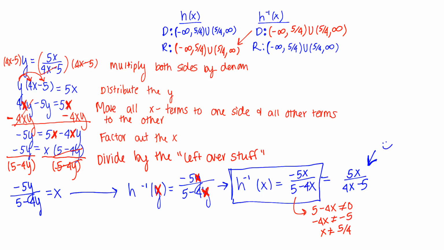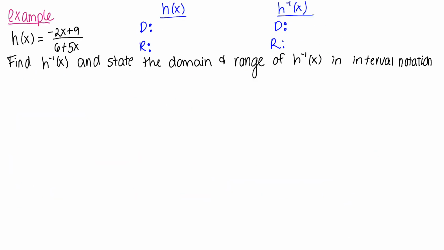And that's that. All right, so let's do one last example, and this example will not end up having the same domain and range for h of x and h inverse of x. So here we go. We have h of x equals negative 2x plus 9 over 6 plus 5x. We are going to do the same thing we did for the last problem. So we're starting with replacing h of x with y.